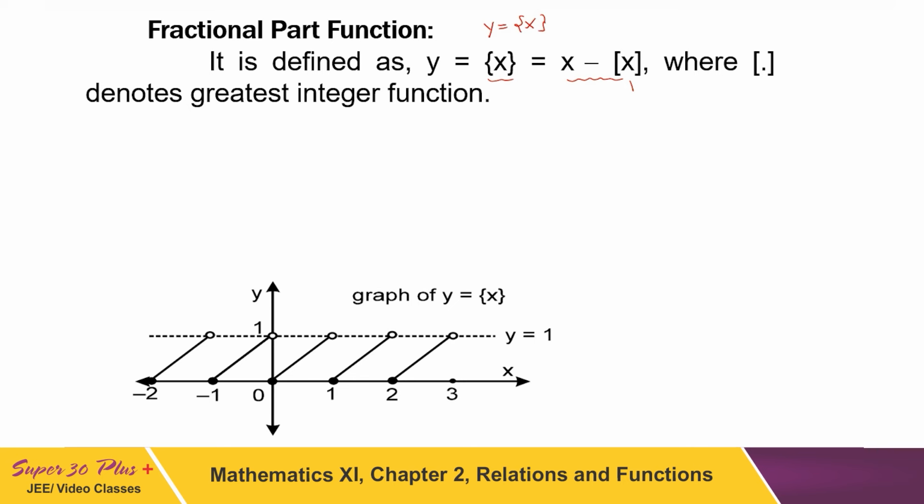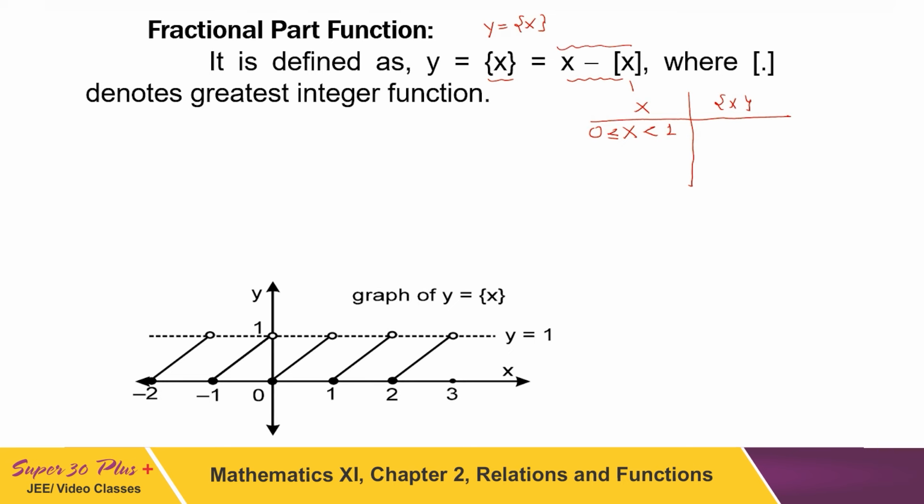And if we want to understand the basic property of the fractional part function, then we are going to make a list here. If x lies between 0 to 1, then what will be the value of fractional part function? The value can be obtained by using this formula.